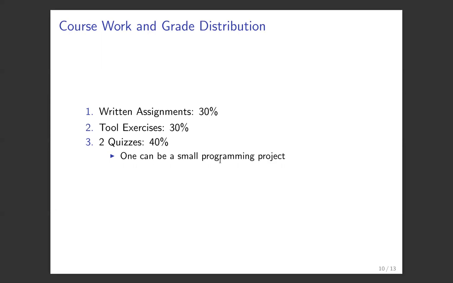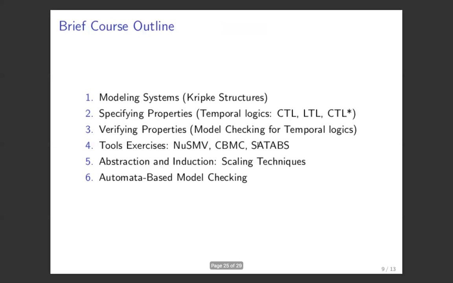Rather than starting on what transition systems are, I will end here, and in the next class, I will introduce you to transition systems, the formalism that we use for modeling our systems. So any questions?